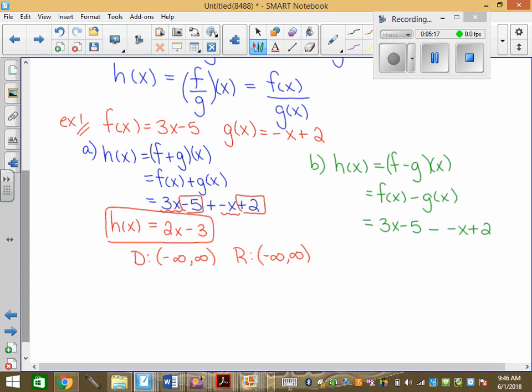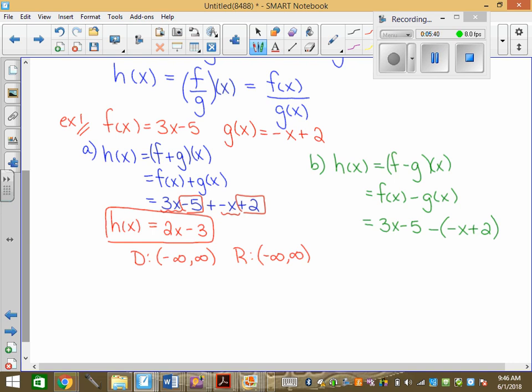I missed something. What did I miss? I didn't need this for a plus sign, but I do need this for a minus sign. Brackets. Because you have to remember to minus all of g of x. And right now, am I minusing all of g of x? No, I'm just minusing the x of g of x. I need to minus all of g of x. So don't forget those brackets.